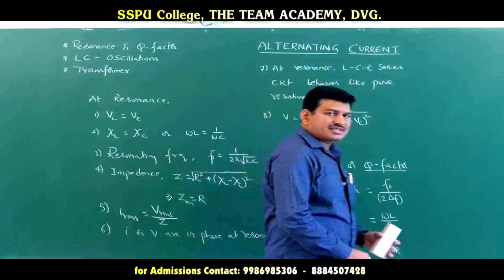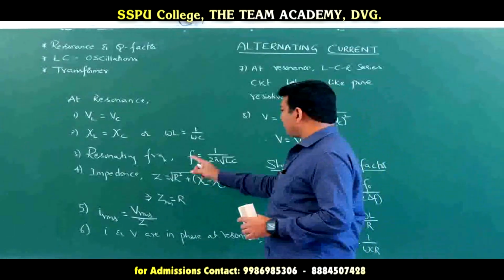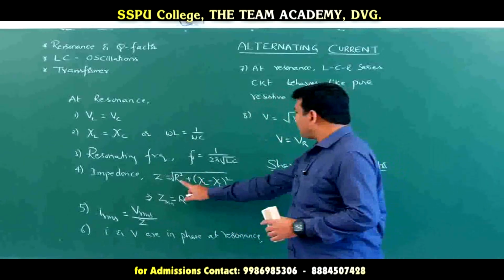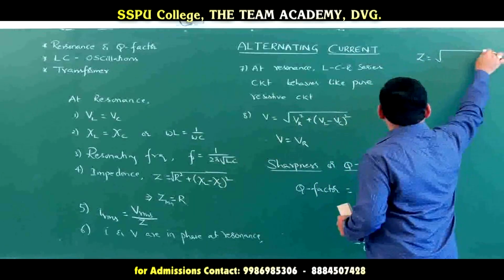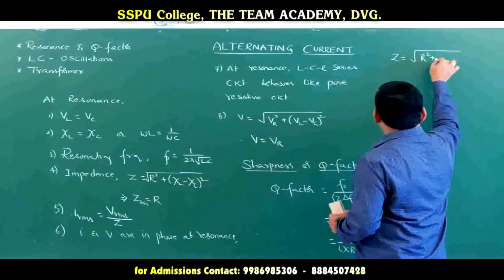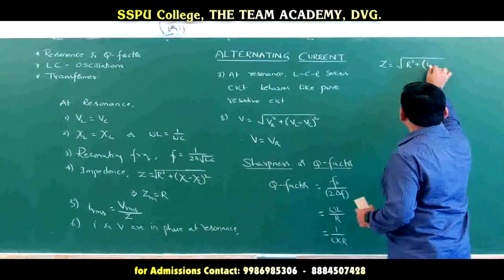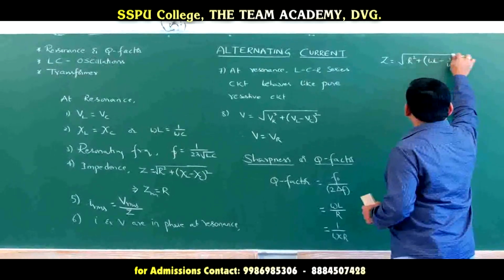But here, if you see, in an LCR series circuit, other than the resonating frequency case, if I take this equation Z is equal to the square root of R squared plus (X_L minus X_C) whole squared. But what is X_L? Omega L. Omega L minus 1 by omega C, whole squared.